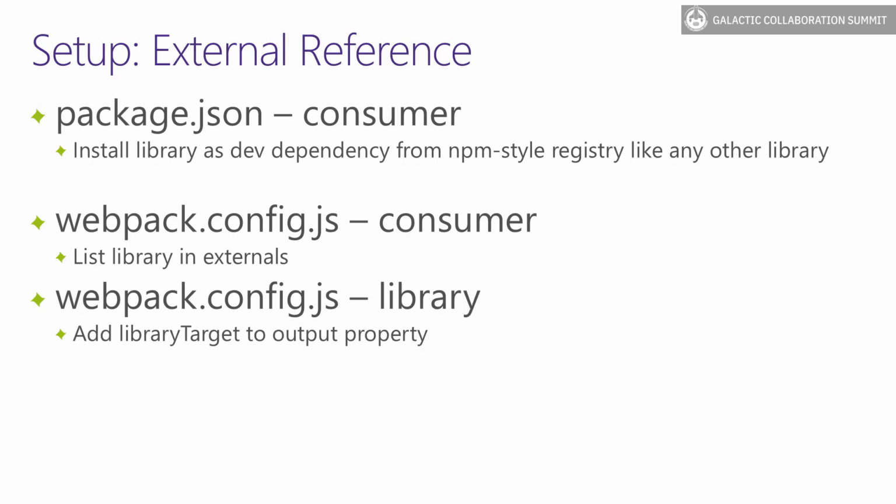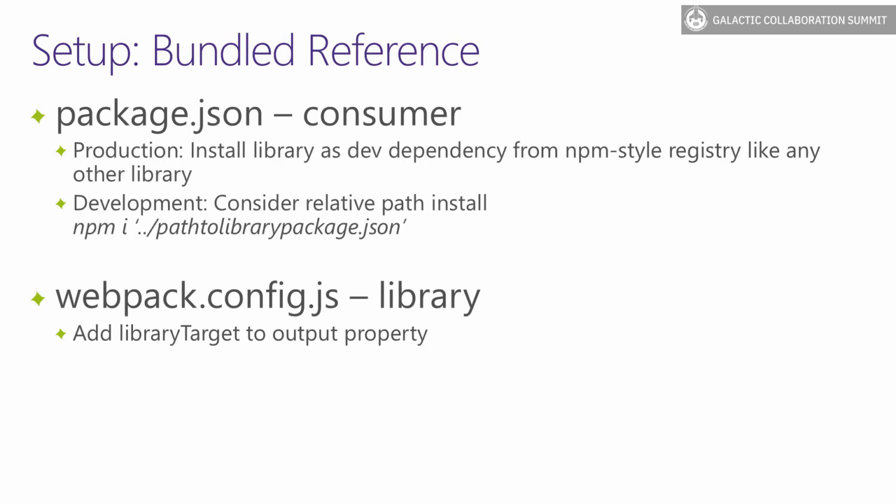And then in the Webpack config of the library project, we're going to add a library target to the output property, so when Webpack bundles our library, it knows that it is a library. In the case that we might be bundling our library, and so we're building our library separately, but we're going to bundle it in each time, this isn't a scenario I generally go down.